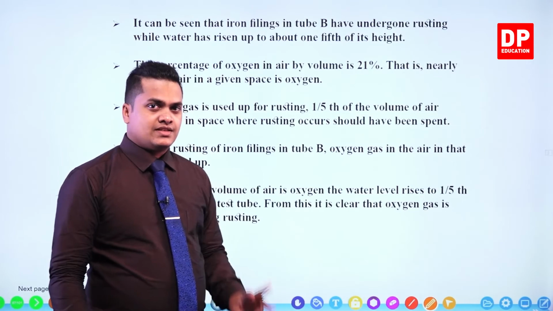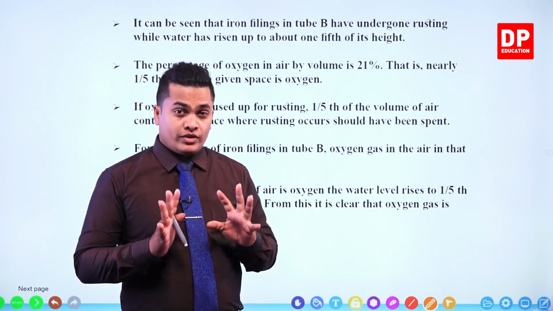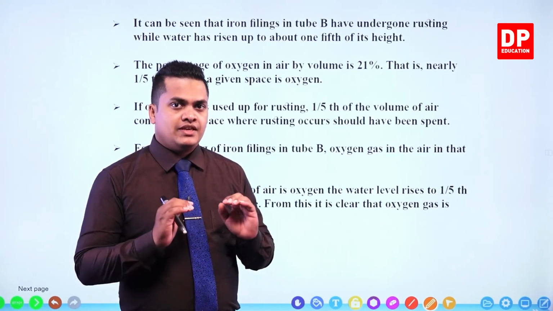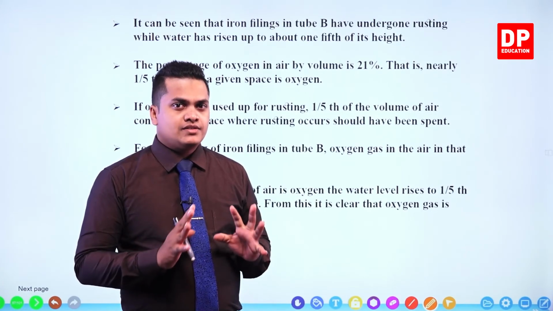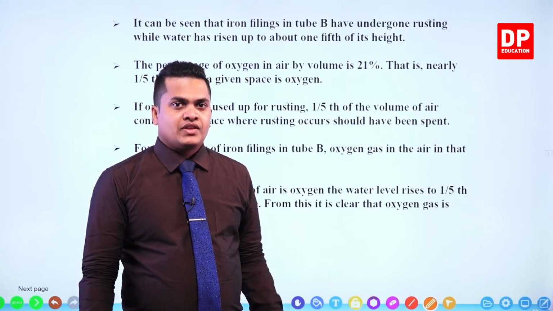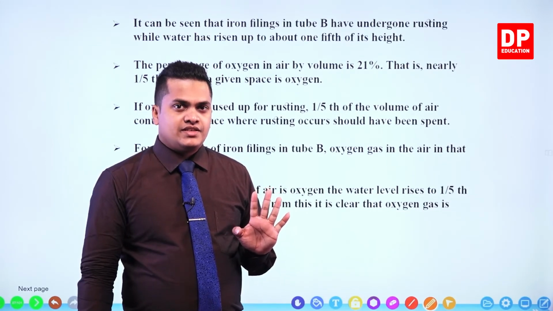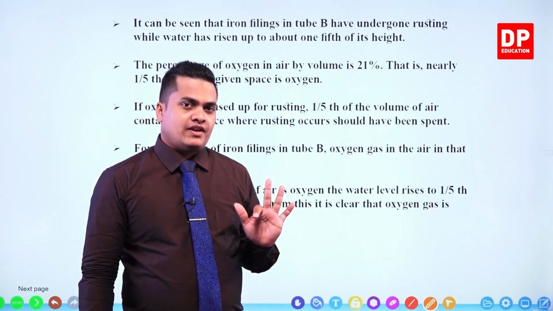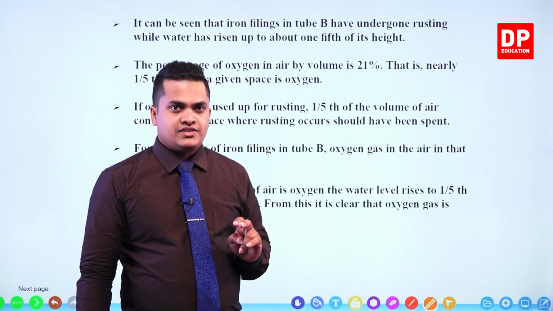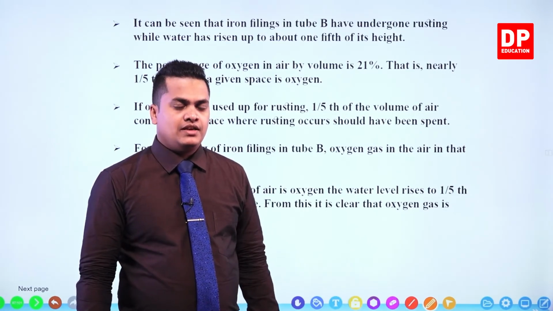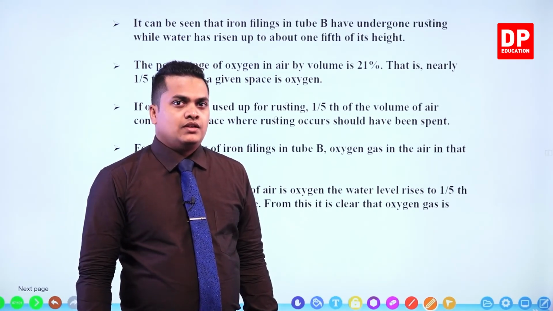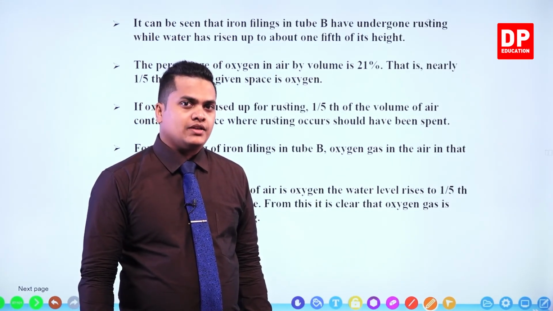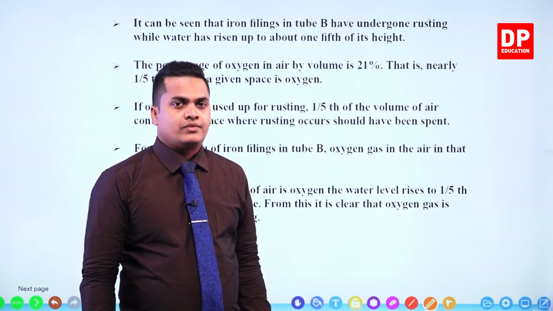So my dear children, we discussed 3 experiments regarding the tarnishing or the rusting of iron, right? From these 3 experiments, we investigated the factors necessary for the rusting of iron. The first factor is the necessity of air. The second factor was the necessity of moisture or water vapor. And third and finally, we showed that if you take air particles, the oxygen in air particles is being used up during the process of rusting.